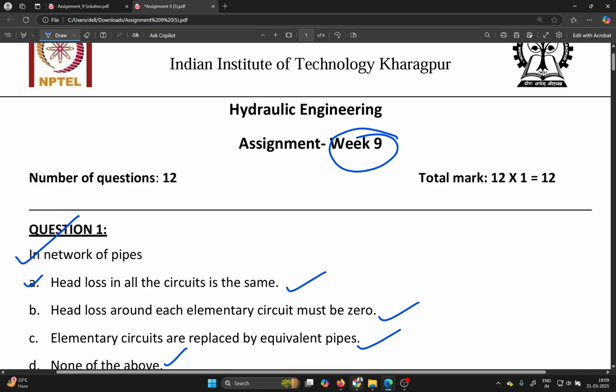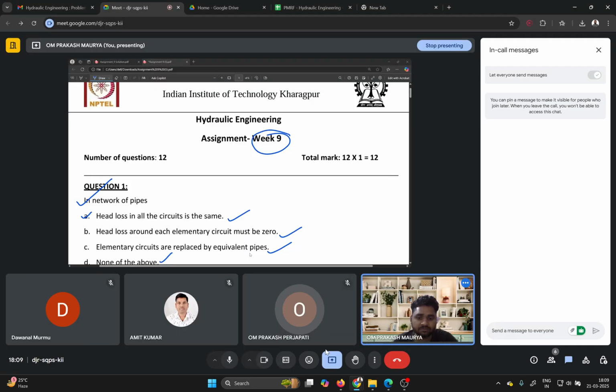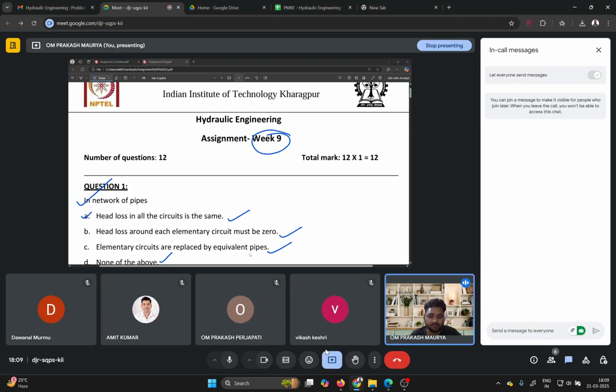Please try to write your answer in the chat box. For question number first, in network of pipe, head loss in all the circuit is the same. Head loss around each elementary circuit must be zero. Elementary circuit are replaced by equivalent pipe. None of the above.